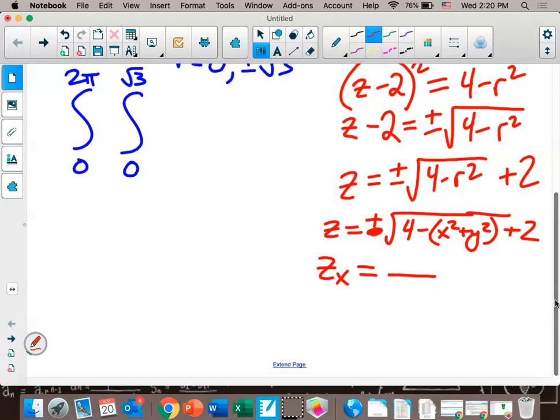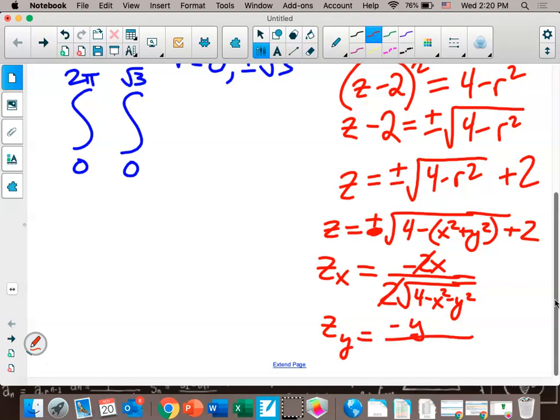So we get 2 root 4 minus x squared minus y squared times negative 2x. So negative x, and then z sub y would be negative y over square root of 4 minus x squared minus y squared. All right.